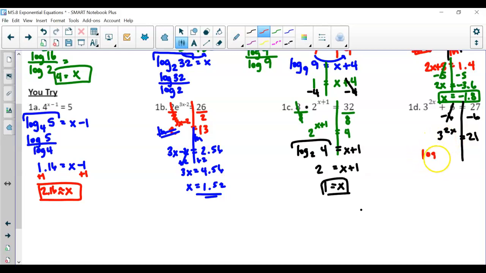So this is log base 3 of 21 is equal to 2x. So now here you end up with approximately 2.77 equal to 2x. Then divide by 2, you get x is approximately 1.38 or 1.39, however you want to round that here. So that is your approximation.